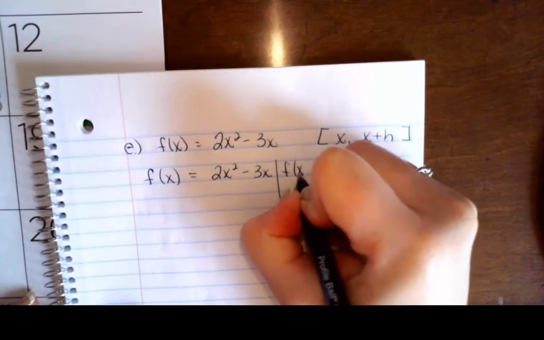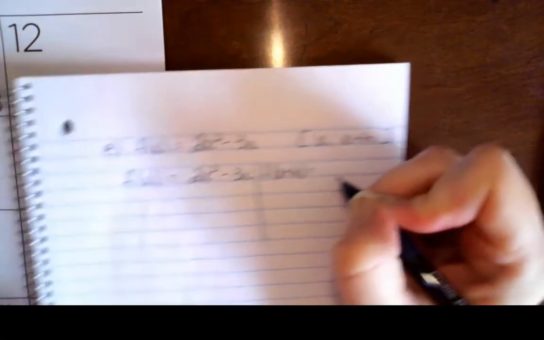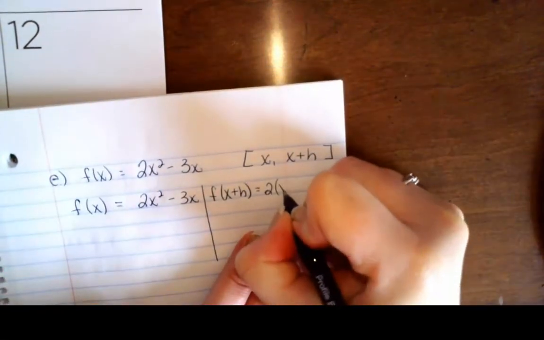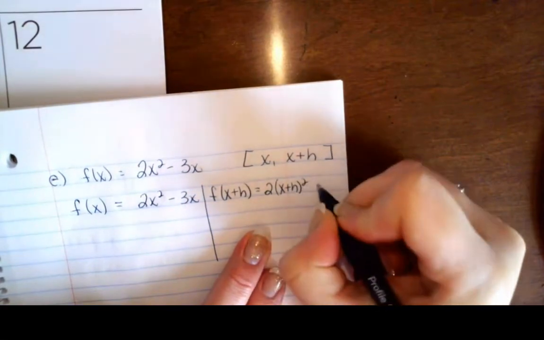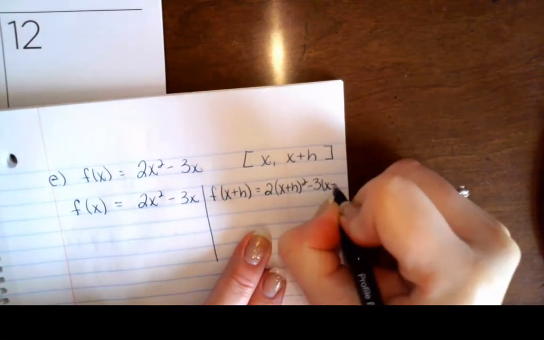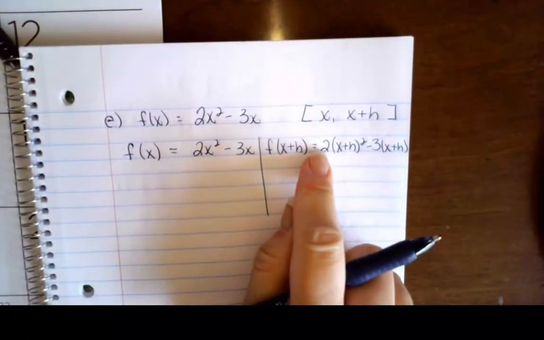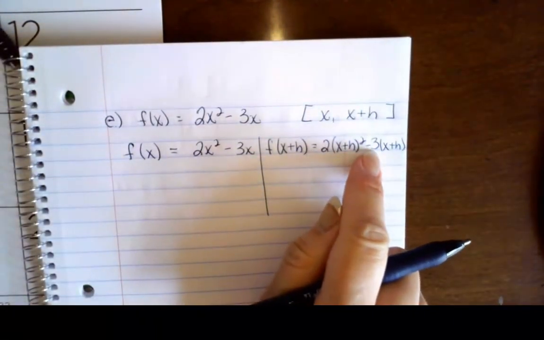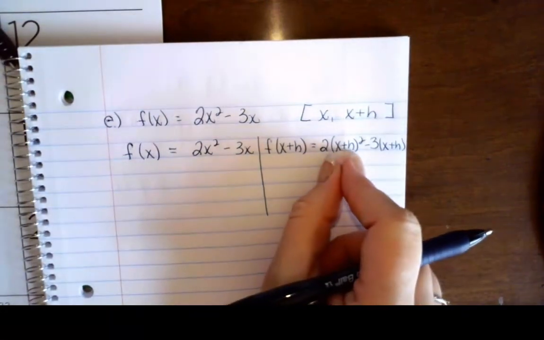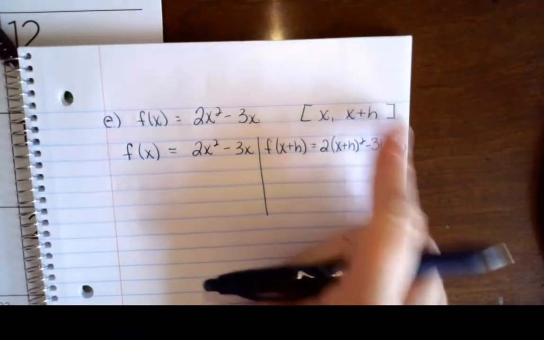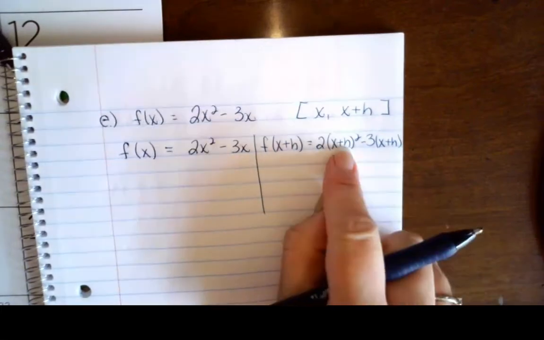So f of x plus h is going to be 2 times x plus h squared minus 3 times x plus h. This was 2x squared minus 3x, but I trashed my x's and put in x plus h's. And so now I've got to FOIL this thing out.